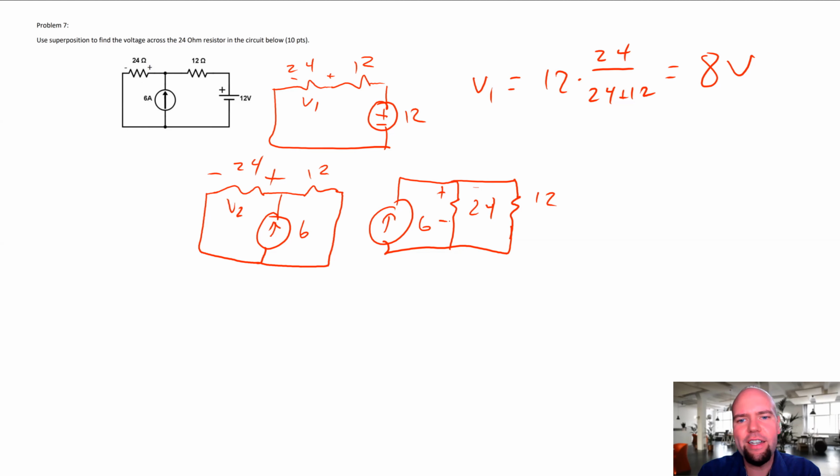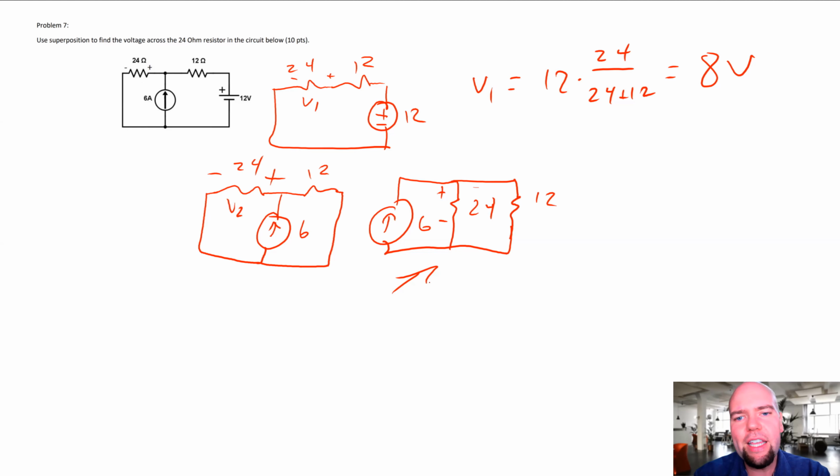Well, all I did was switch the order of things in parallel, which is okay. If you had a floating circuit like this, and you grab the 24 ohm resistor and the 6 amp current supply and just twist their wires, then you have this representation. I prefer this representation over here.